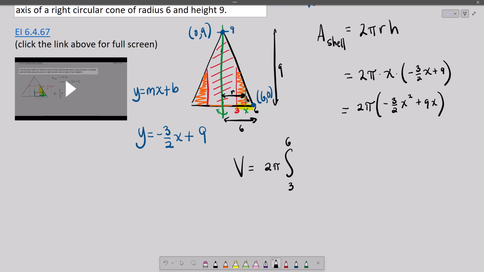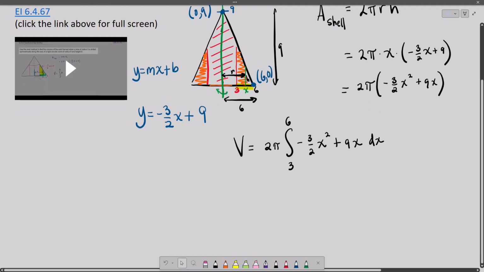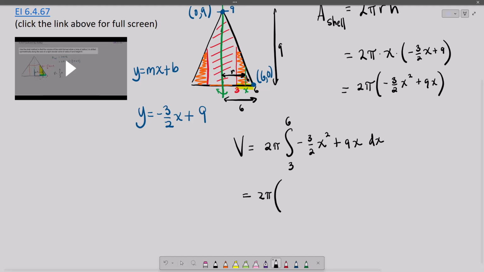We'll integrate from 3 to 6 of minus 3 halves x squared plus 9x. And if we integrate here, we get minus 1/2 x cubed plus 9 halves x squared from 3 to 6.